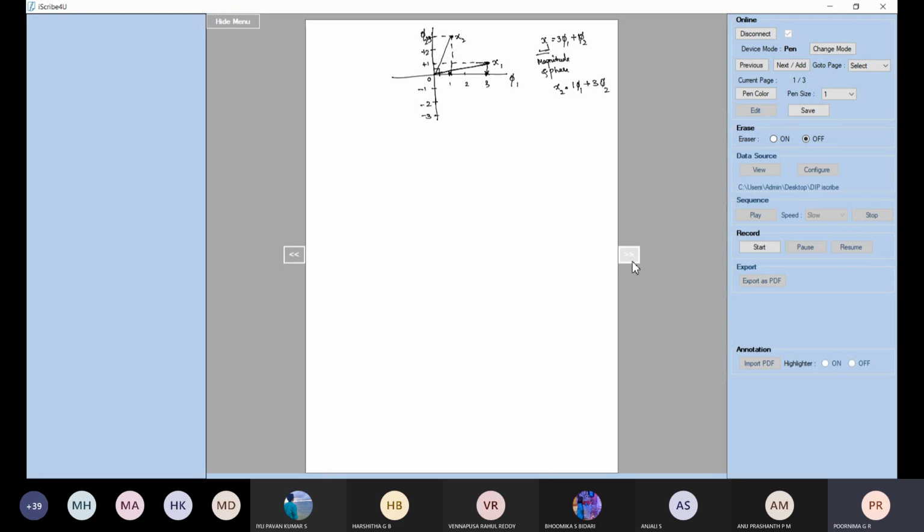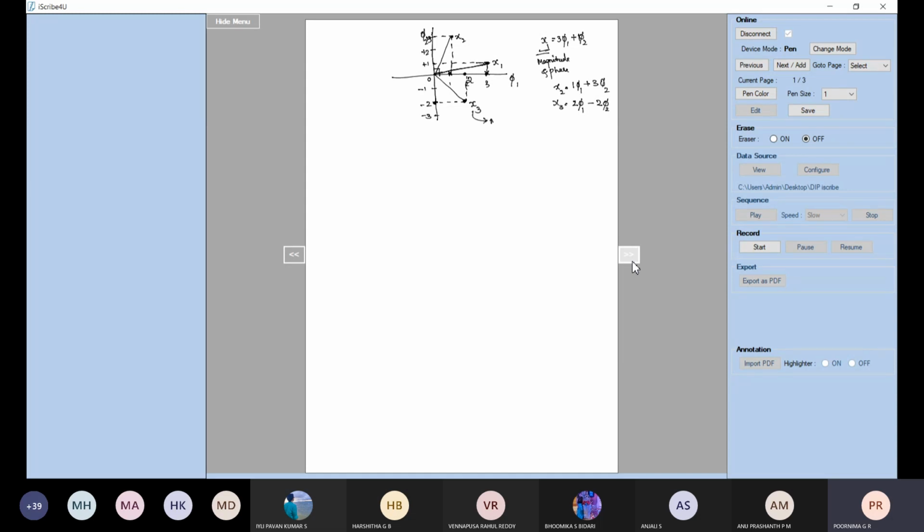x3 is 2 phi1 plus minus 2 phi2. So phi1 is 2 and phi2 is minus 2. This is the point, x3.